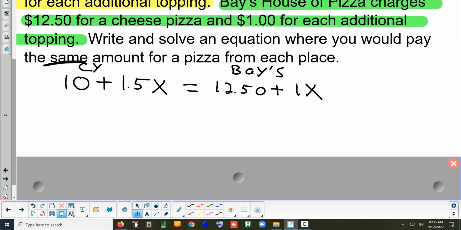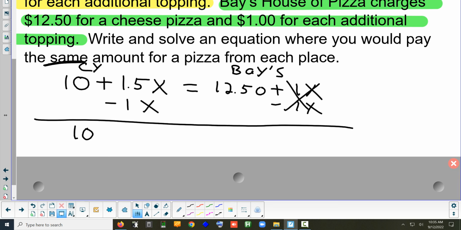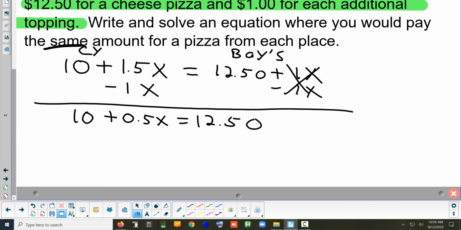Finnegan? Minus 1x. What's 1.5 minus 1? Yep. Good. 0.5x. All right, so we put all the x's on the left.